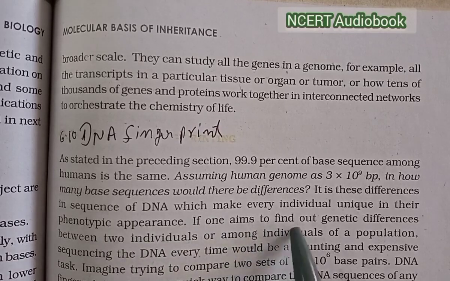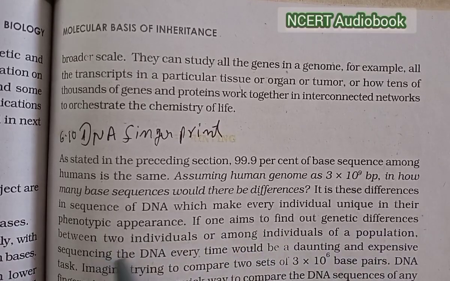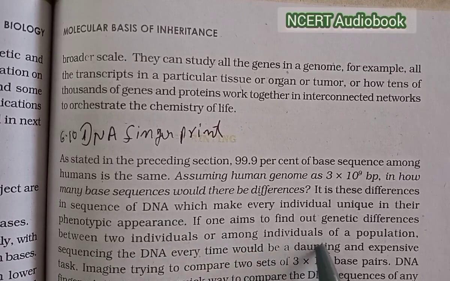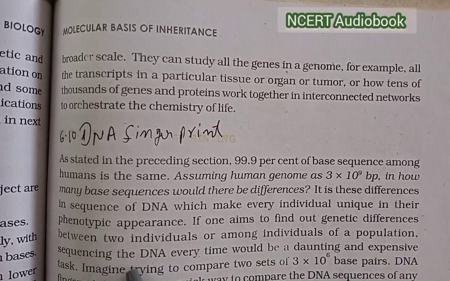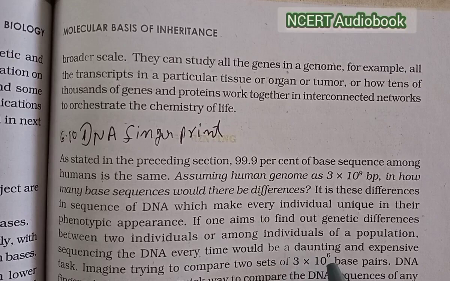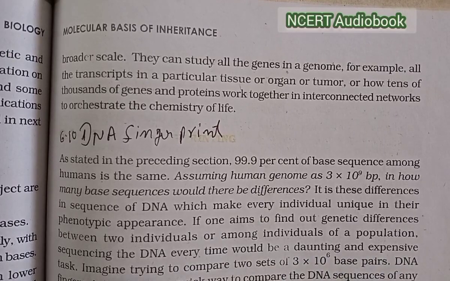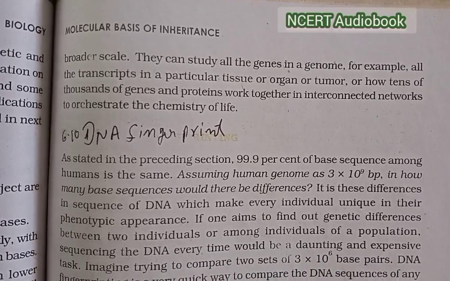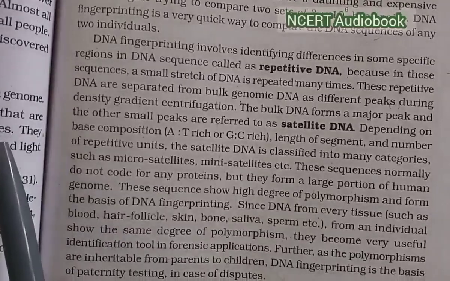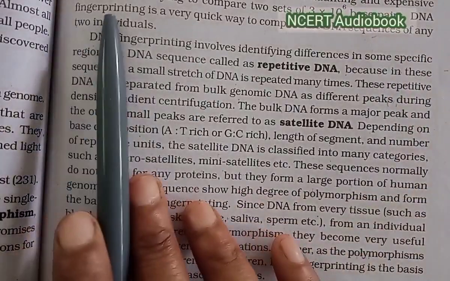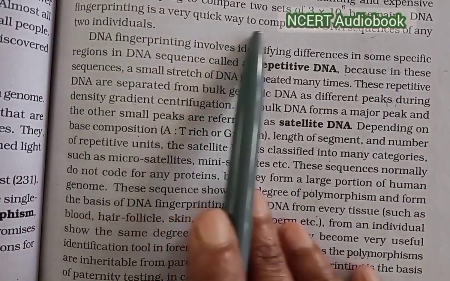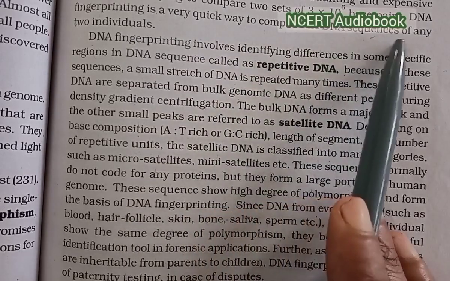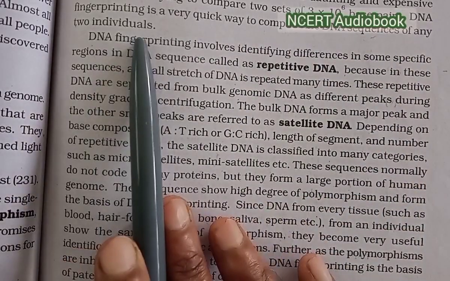If one aimed to find out genetic differences between two individuals or among the individuals of a population, sequencing the DNA every time would be a daunting and expensive task. Imagine trying to compare two sets of 3 × 10^9 base pairs of DNA. Fingerprinting is a very quick way to compare the DNA sequences of any two individuals.